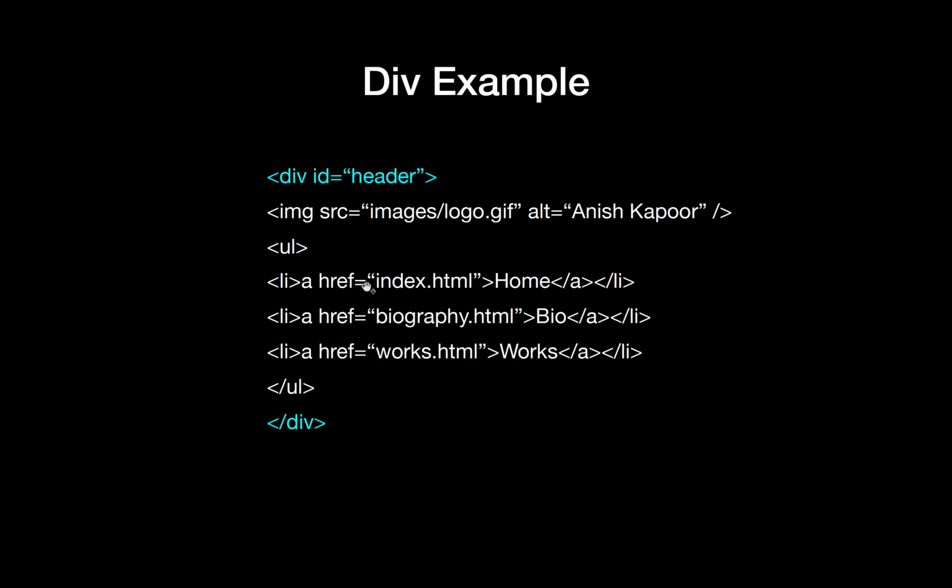There we've got our href. That is like our home page, our biography page, our works page, and then we end the div tag. So all of this is contained in a div, which we have identified as a header. If we are modifying our header, whether that header is on one page or on 10 pages, it's always going to look the same, okay?